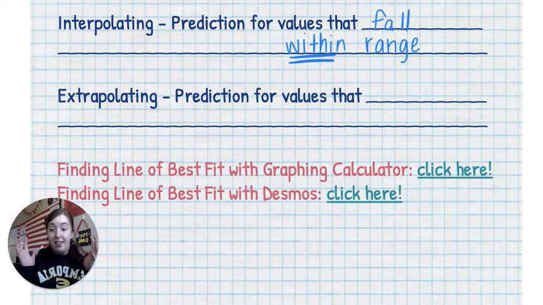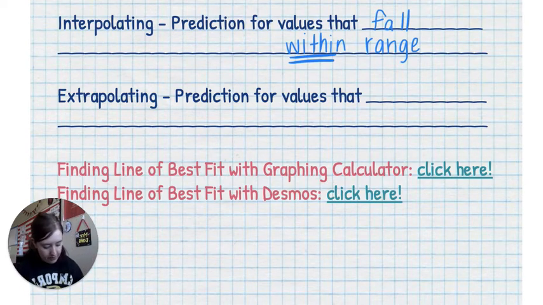Anywhere in between is going to be interpolating. I have calories for everything from 260 to 560, right? So any calorie value between 260 and 560 is going to be interpolating. Extrapolating is predicting values that are outside of your range.